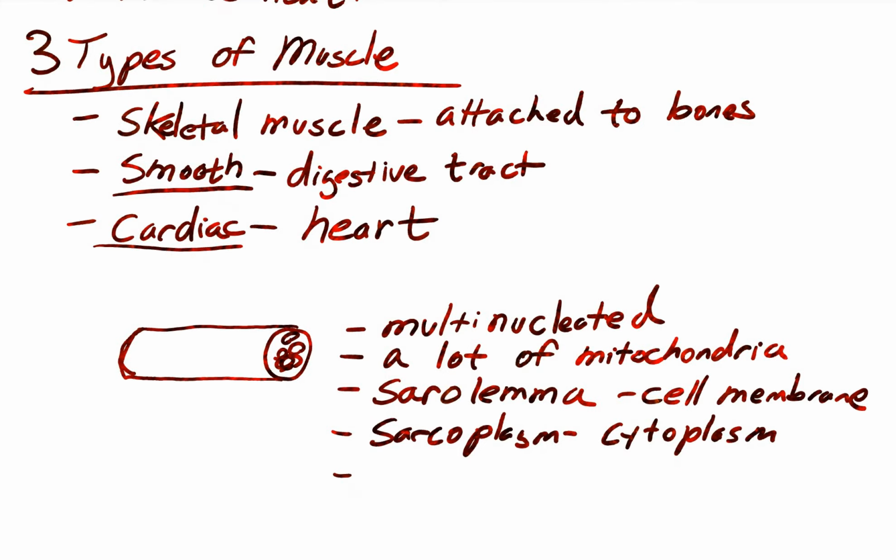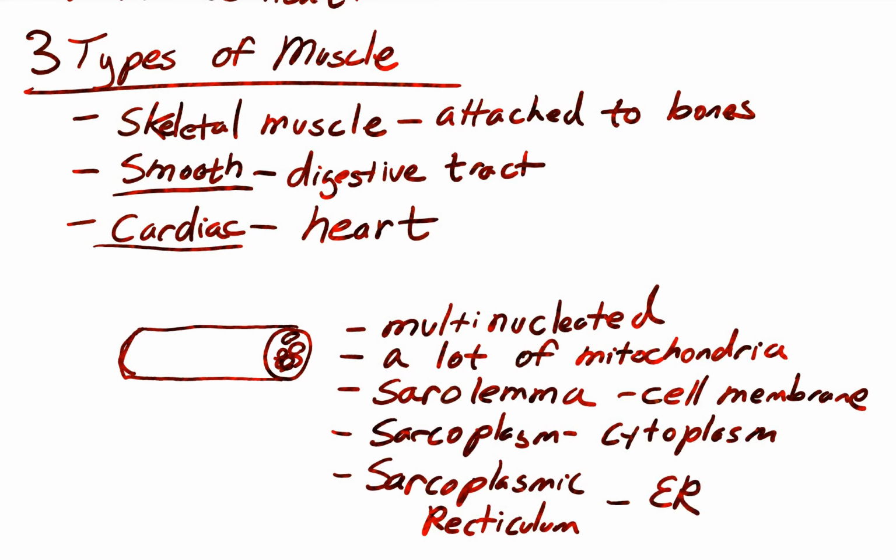What's also going to be important is the sarcoplasmic reticulum. It's like our regular ER, but it has a particular function inside of a muscle cell, and it stores calcium.